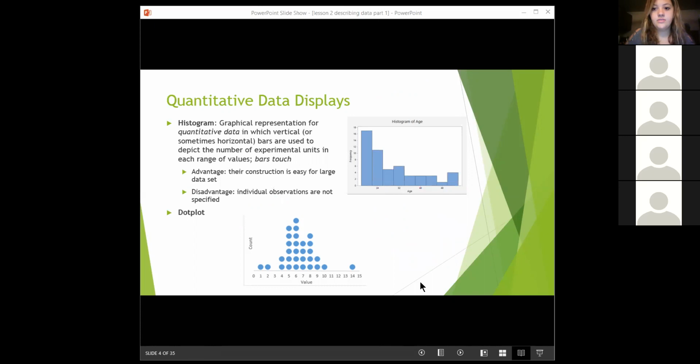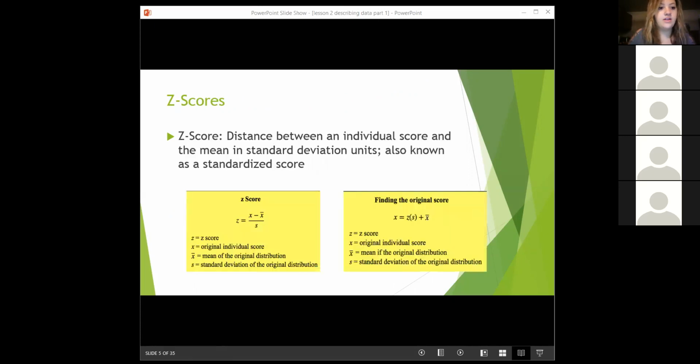So next, we are going to talk about Z-scores. This goes along with quantitative variables. That's why I want to talk about it now, especially because we were just talking about histograms and dot plots, in which you can see shape easily. So here, all our Z-scores show us is the distance between an individual score and the mean in standard deviation units.